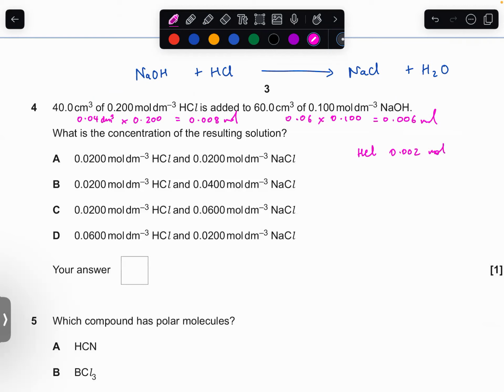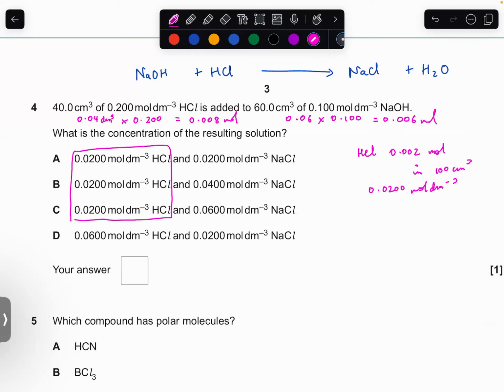That is in a solution of 100 centimeters cubed, which is the total. So that gives a concentration of HCl of 0.0200 moles per decimeter cubed. And so it supports these.